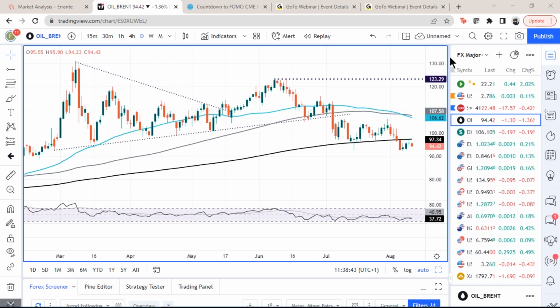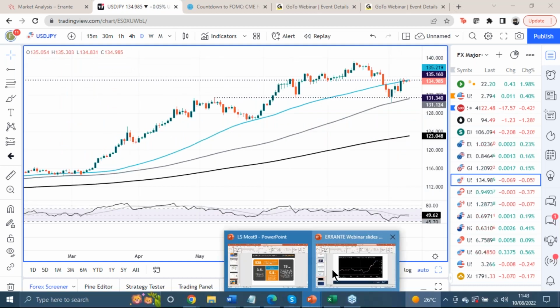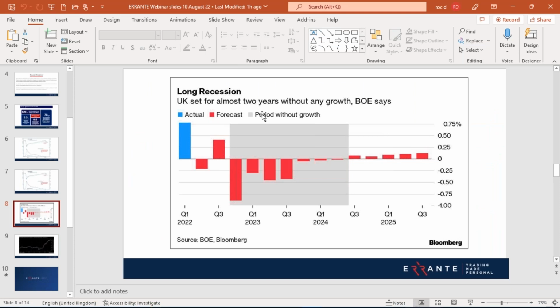I did say we'd look at sterling very briefly, and cable, but first let's recap the Bank of England meeting last week. It was a really important meeting, and really quite a surprise that a major central bank comes out with the language they did about predicting a recession and the negative growth that we're potentially going to see in the UK.